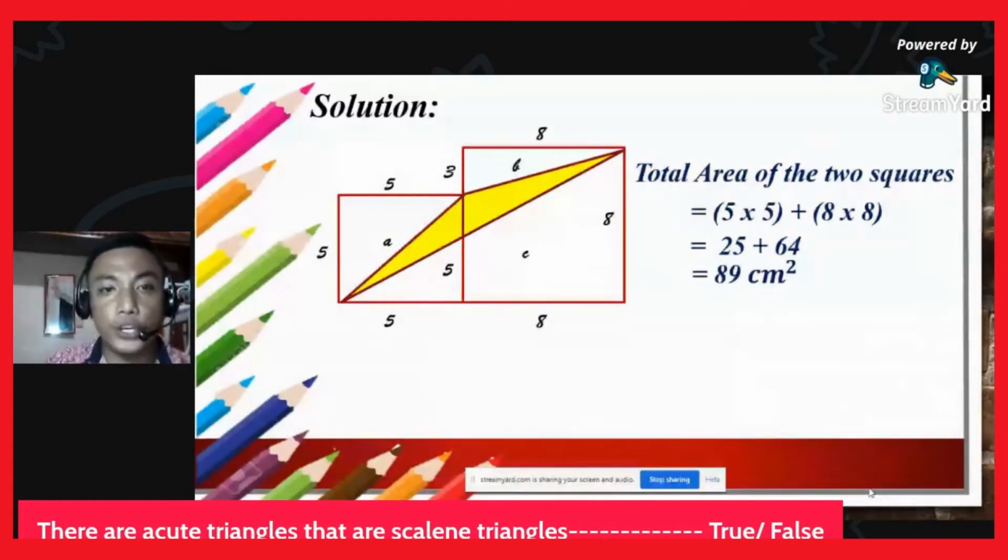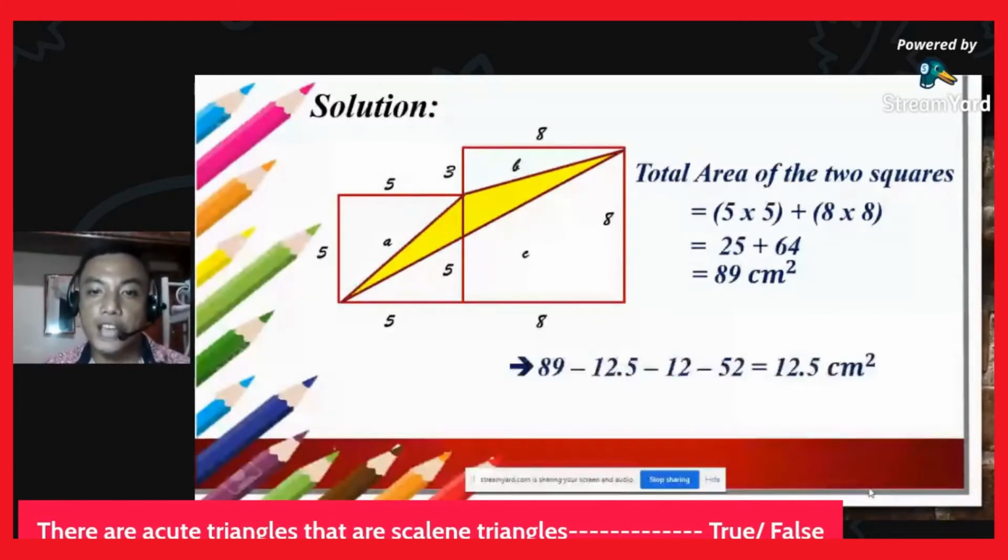Therefore, we are now ready to compute the area of the shaded region. We're going to subtract the area of the three triangles, A, B, and C, from the area of the two squares, which is 89 square centimeters. So we have 89 minus 12.5 being the area of triangle A, minus 12 the area of triangle B, minus 52 the area of triangle C, is equal to 12.5 square centimeters.